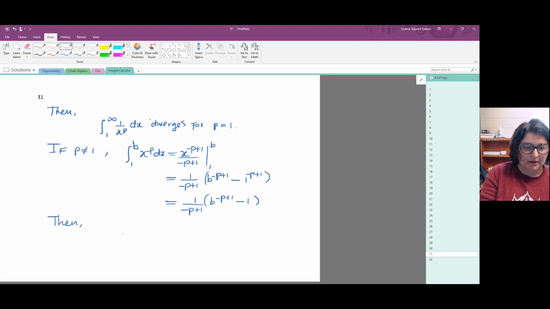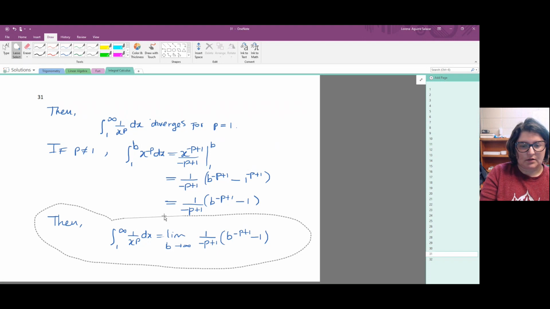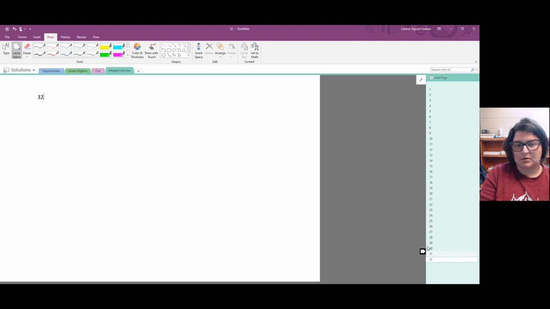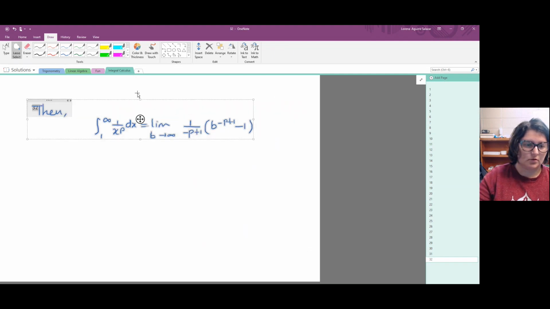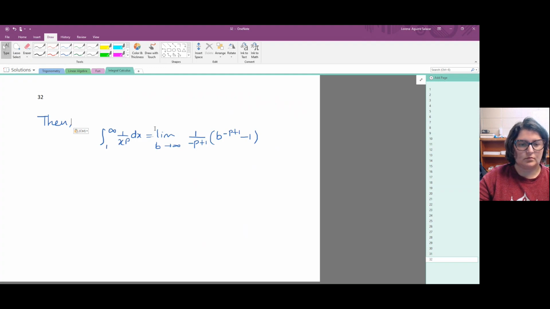So then we're saying that the integral from 1 to infinity of 1 over x to the p is the limit as b goes to infinity of 1 over negative p plus 1 times b to the negative p plus 1 minus 1. And let's write that on a separate page.